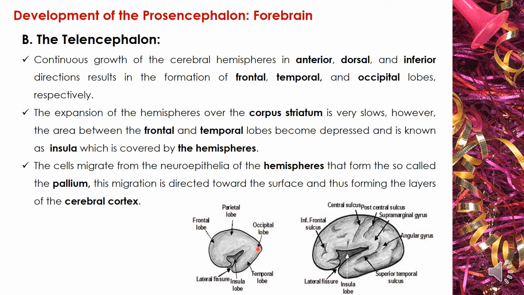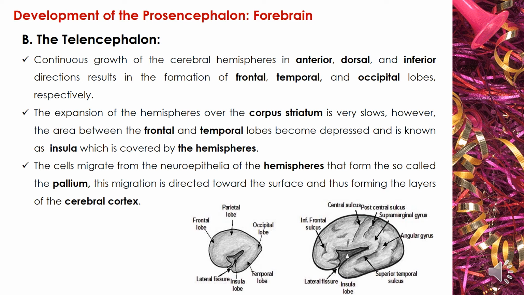The expansion of the hemisphere over the corpus striatum is very slow. However, the area between the frontal and temporal lobes becomes depressed and is now the insula, which is covered by the hemisphere.